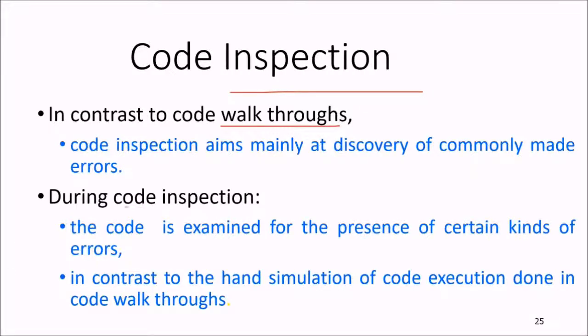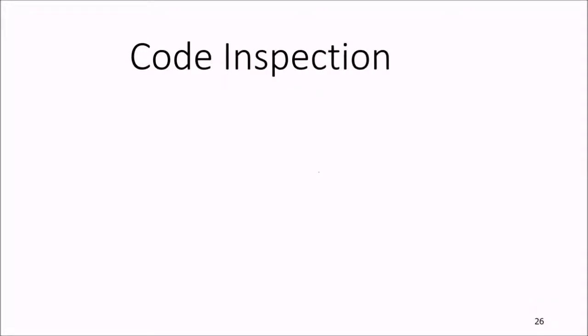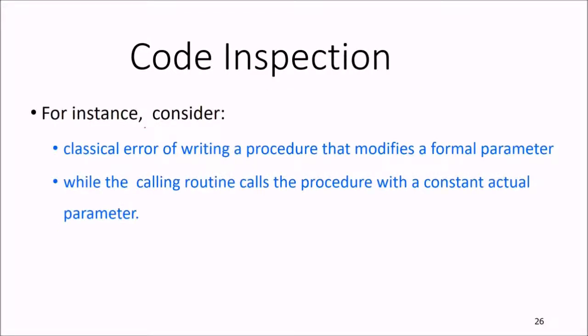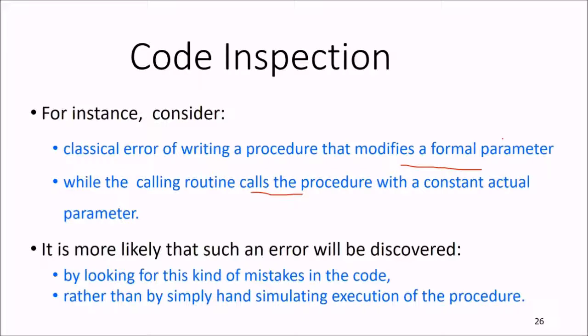While you are performing code inspection, the code is again examined for the presence of certain kinds of errors. In contrast to the hand simulation which we were doing in our code walkthroughs, code execution is actually done in code inspection. For example, the classical error of writing a procedure that modifies a formal parameter, while the calling routine calls the procedure with a constant actual parameter, can be detected in code inspection.